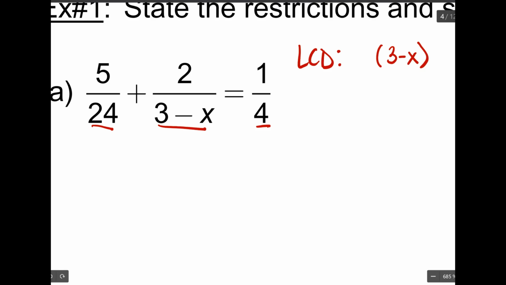What's the least common denominator between 24 and 4? 24. 24 can go into 24, 4 can go into 24. So 24 times 3 minus x is the least common denominator.